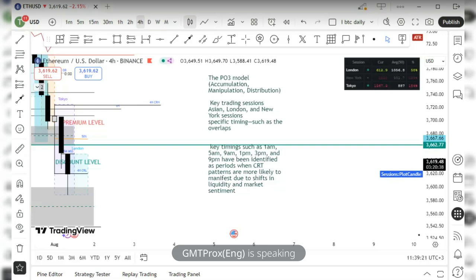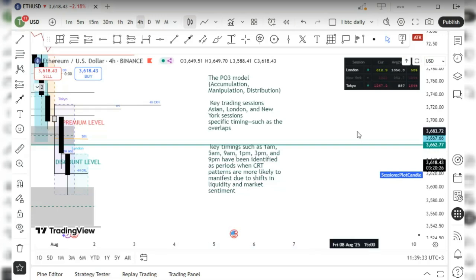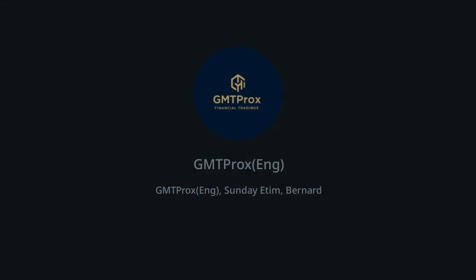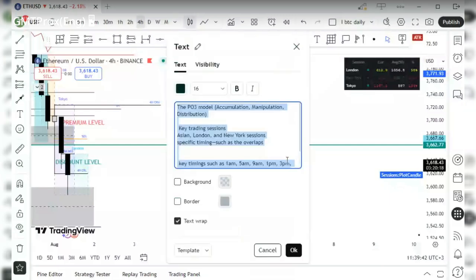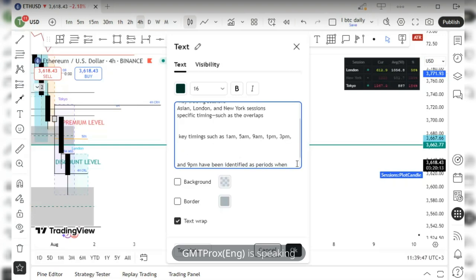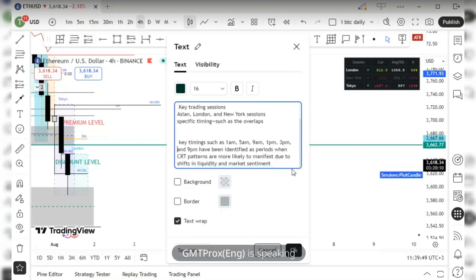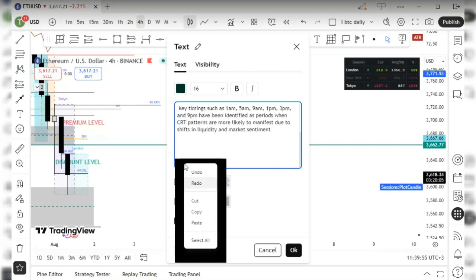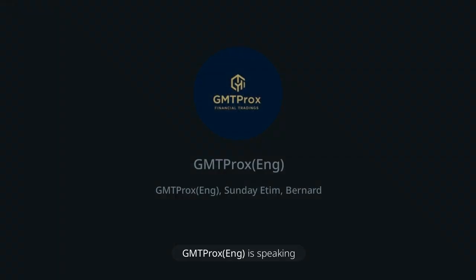Session overlaps, that's very important.